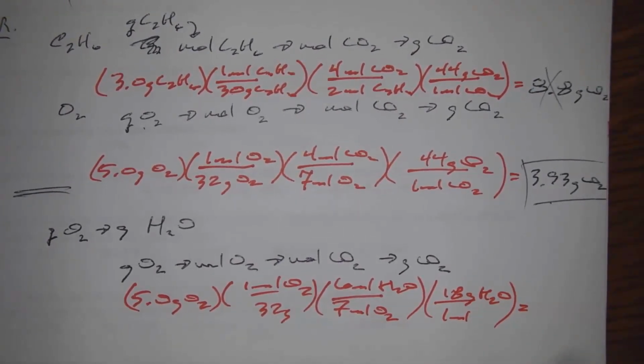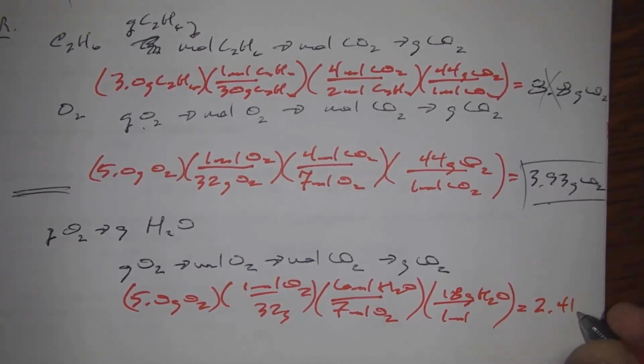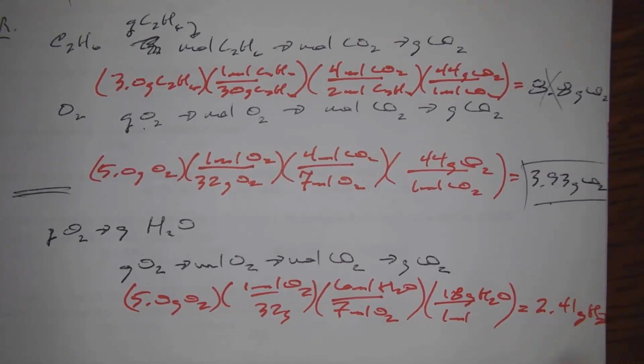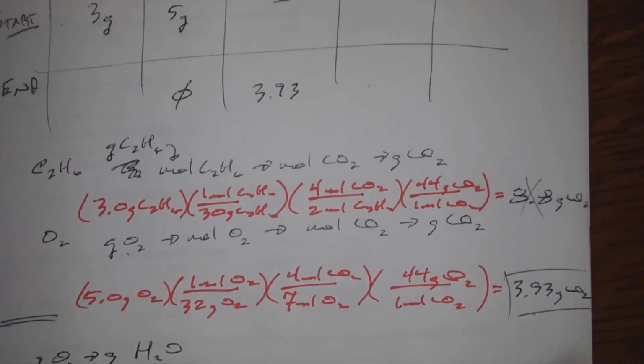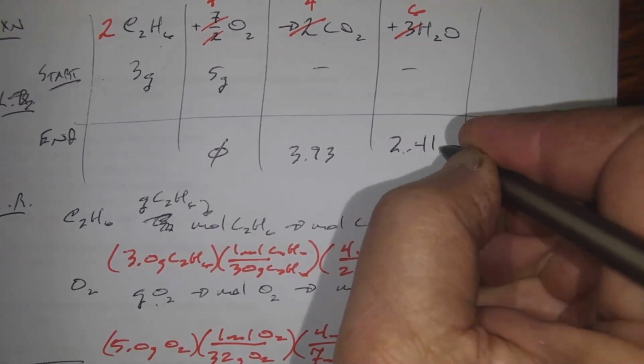So when I do this, I calculate out that I get 2.41 grams of H2O. So going back up to my table, I have 2.41.